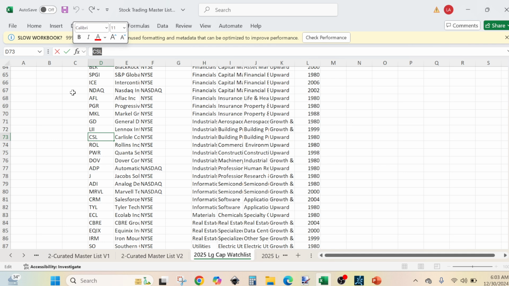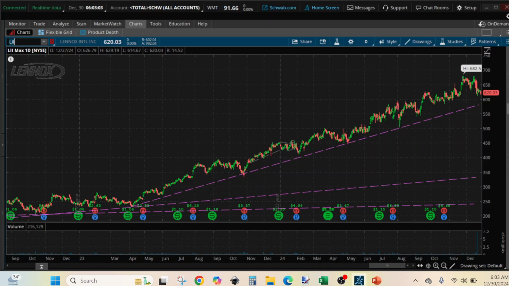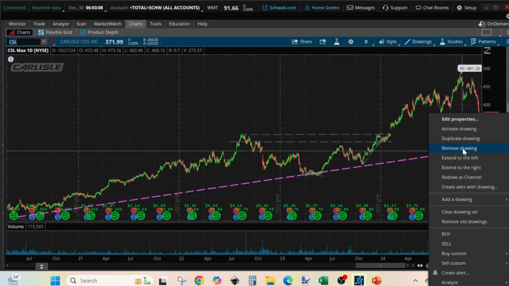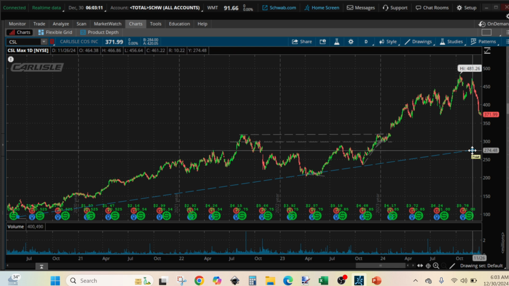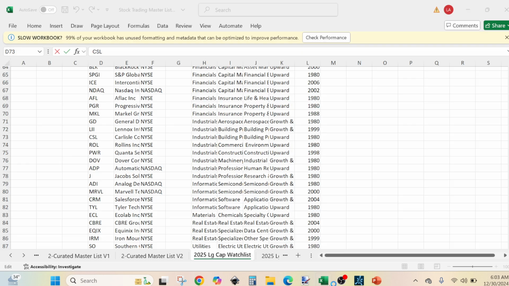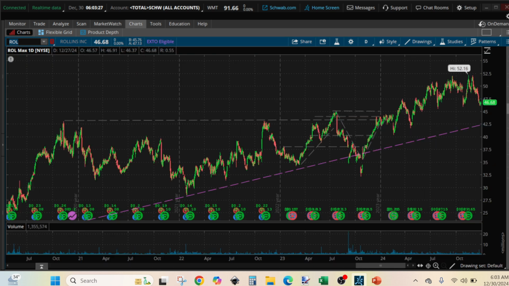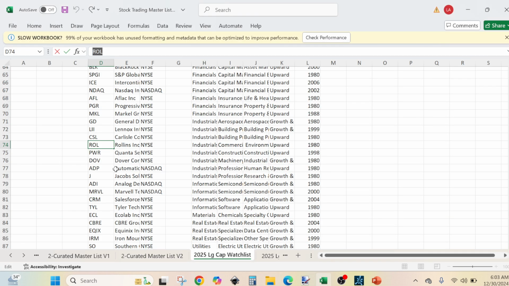CSL. It's nowhere near where we would like to enter. ROL. Okay, it's not close to our entry line yet.